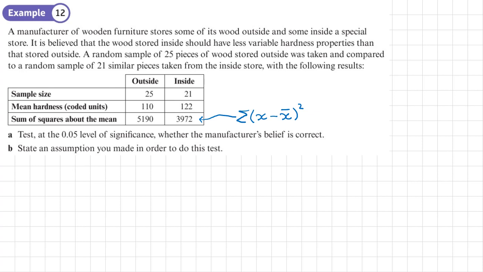And we'll start with part A, where we want to test at the 5% level of significance whether the manufacturer's claim or belief is correct. So the first thing we need to do is to calculate the variances for outside and inside. So I'm going to call this outside here. So variance of outside and then variance of inside.